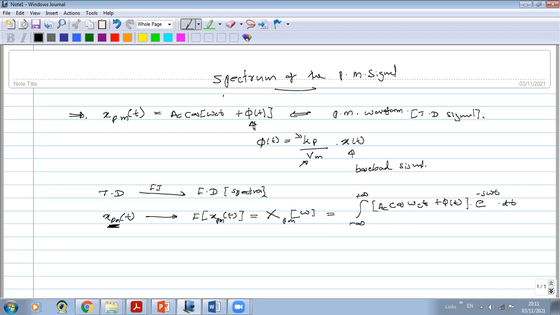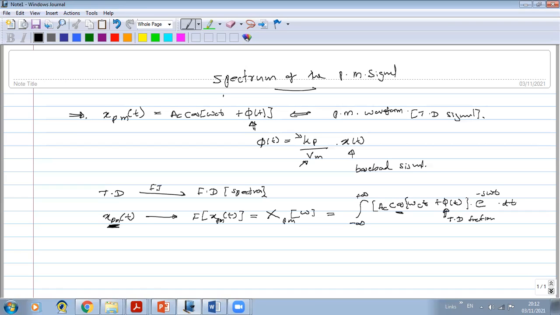Okay, so you can see that if you evaluate this integral, φ(t) is a time domain function, and this one is also a time domain function.